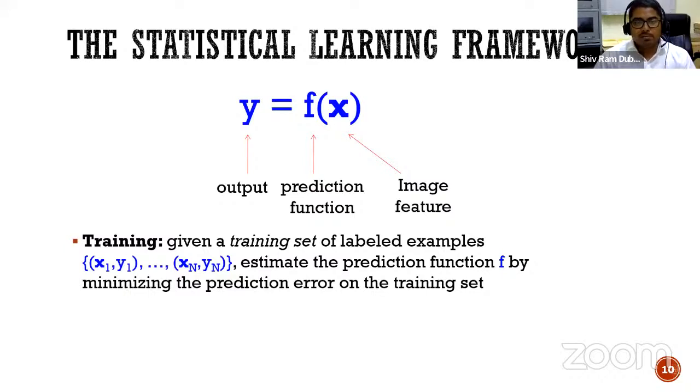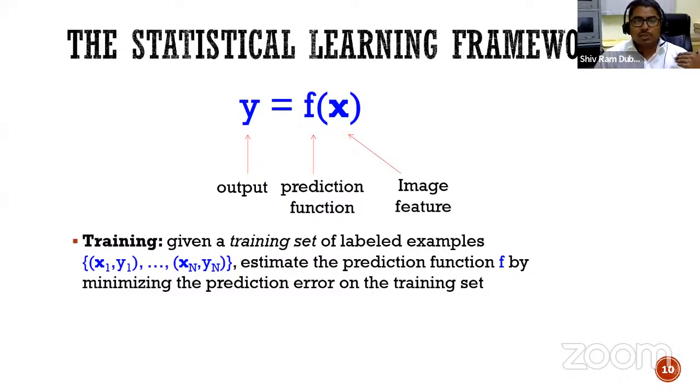And ultimately, once we are convinced based on certain criteria that we have achieved good performance on our training set, we can say that whatever function we have is a good function, and it can be utilized for testing.